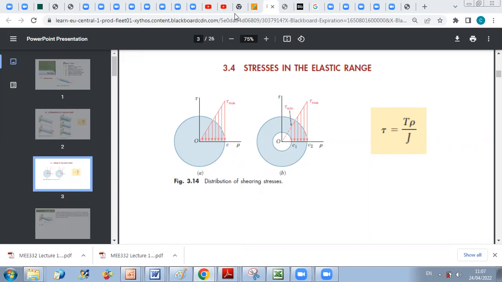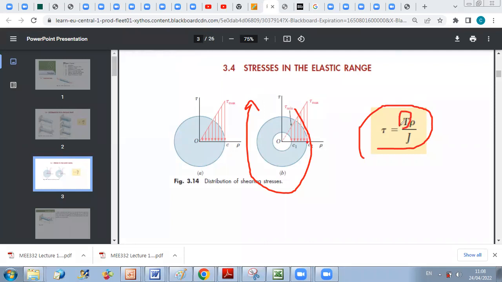And you have seen that a torsion moment will lead to the creation of shear forces within a certain distribution to create the torsion moment. And we have developed that the shear stress created at a certain location is torsion moment times the distance from the center.